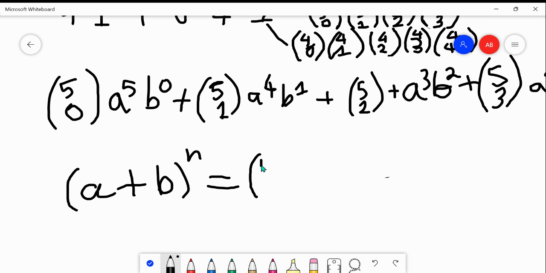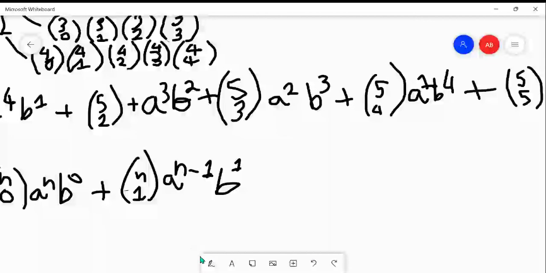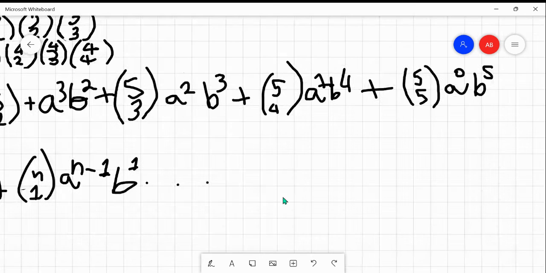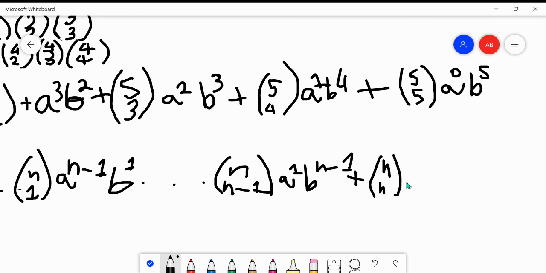So it will be n choose 0, a to the n, b to the 0, plus n choose 1, a to the n minus 1, b to the 1, then etc etc etc, and then finally you reach n choose n minus 1, where the index has reached n minus 1, a to the 1, b to the n minus 1, and then you get n choose n, a to the 0, b to the n.